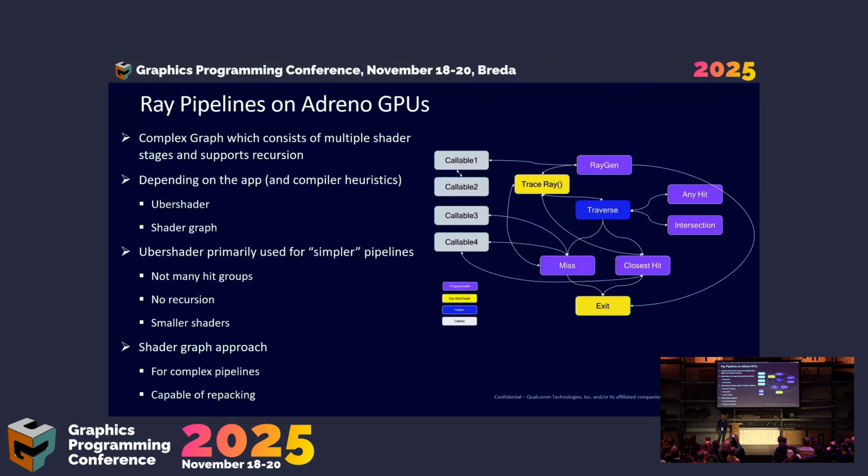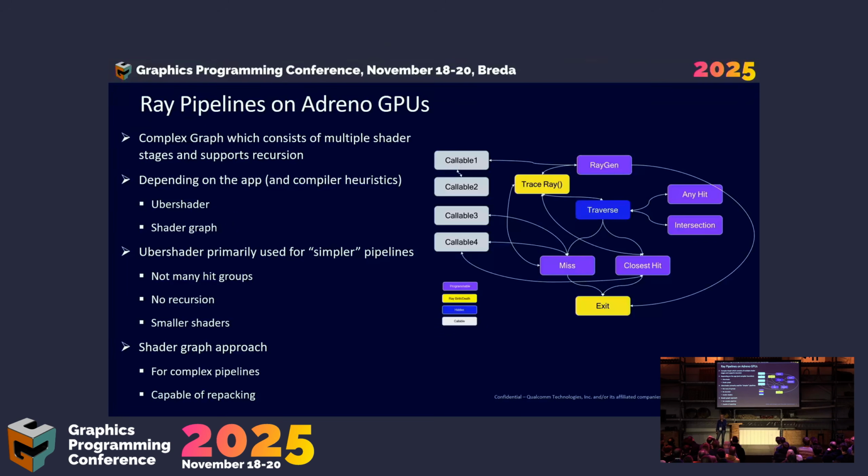Our ray pipeline solution is really robust and keeps the application complexity in mind. What does that mean? We actually provide two solutions for ray pipelines. We have an Uber shader solution as well as a shader graph solution. So what does Uber shader mean?